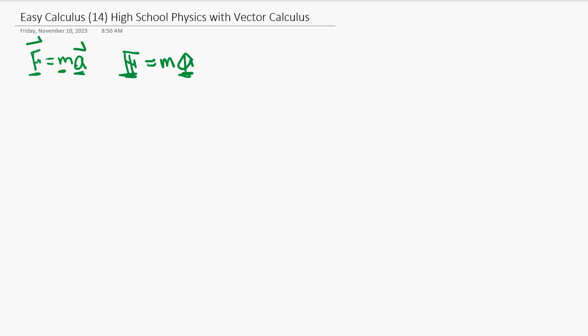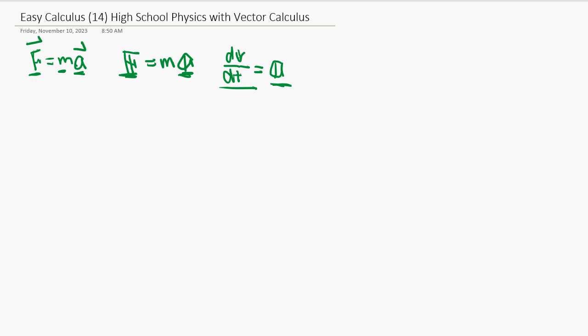And a is, of course, related to the velocity. We distinguish velocity from speed. Speed is typically just a scalar v, and when you say velocity, that's a vector v. It has a direction. So we know that acceleration is the derivative of velocity, right?